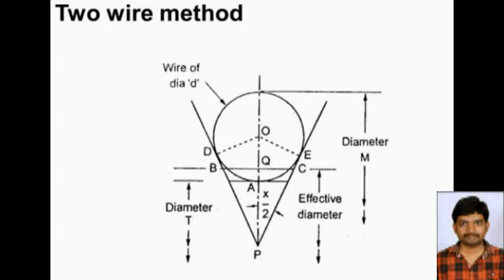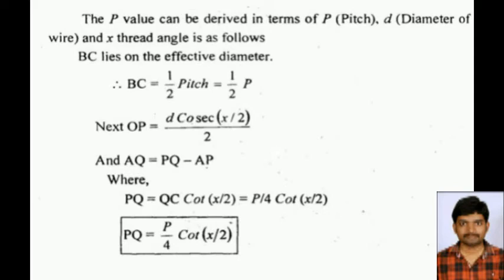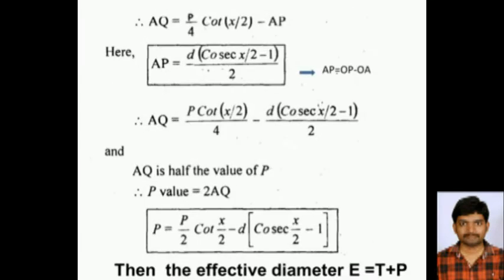Okay, now by following this derivation, we can get the value of p depending on wire diameter and flank angle.